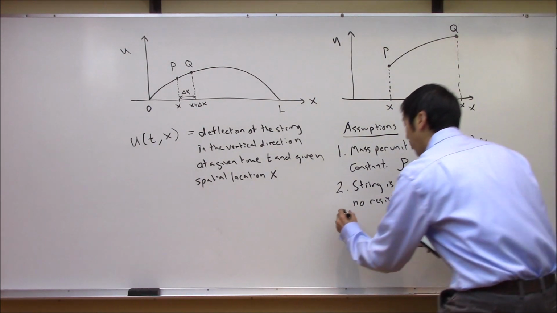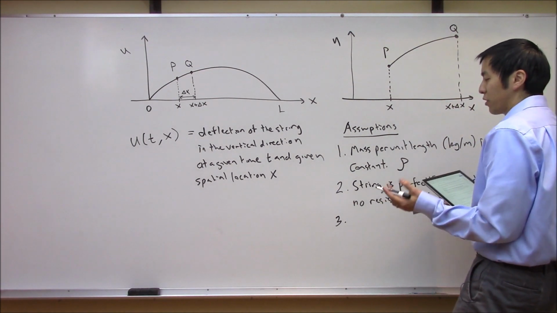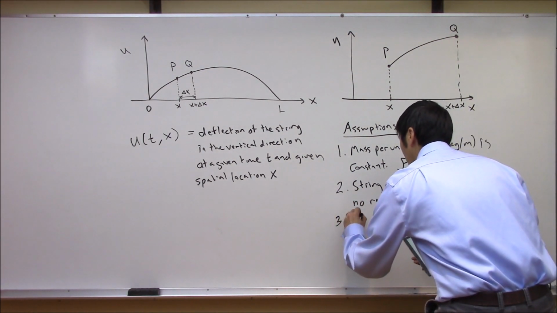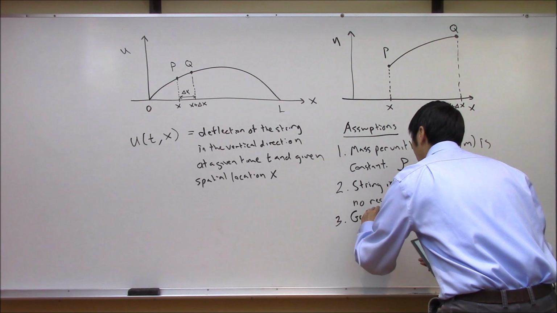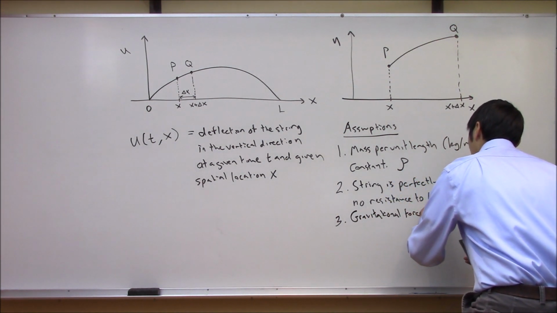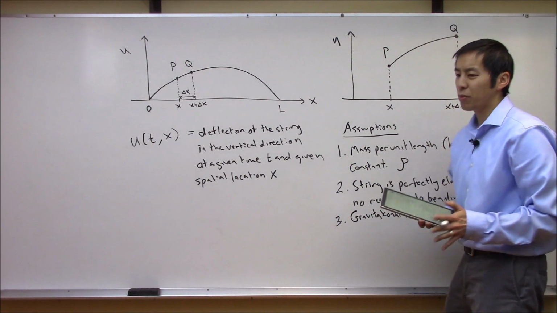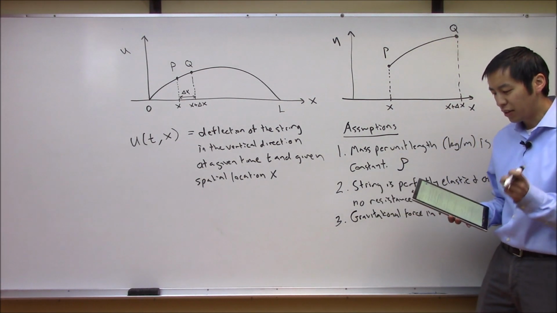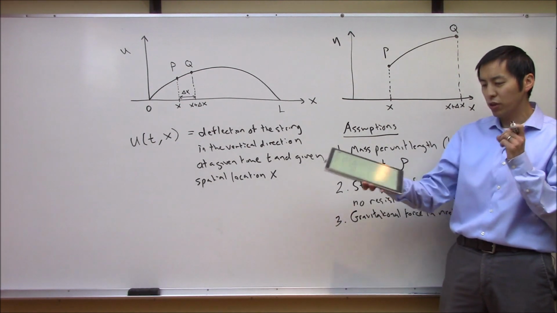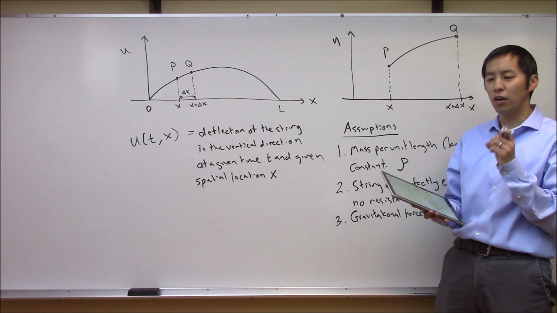How about number 3? Let's say that the gravitational force on the string is negligible. That's pretty reasonable if you think about it, because we're going to have a string which is stretched nice and tight, and the tension in the string is going to be the dominating force.